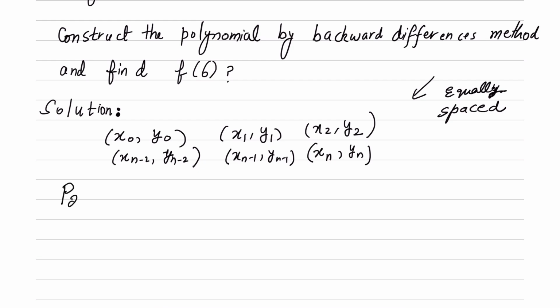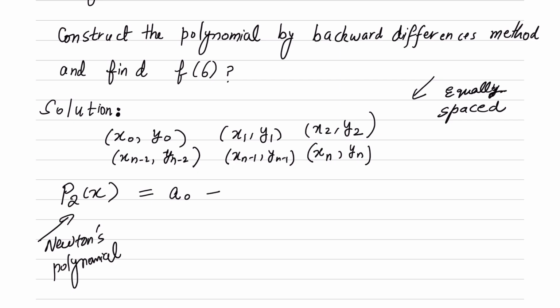For 3 points data, the maximum degree of the polynomial is 2. So we will write P2 of x, Newton's polynomial, but for backward differences. We have a0, no factor, a1, one linear factor, x minus, here instead of putting the first x, which was x0 for forward differences and divided differences, we will put the last x, which we have denoted as xn.